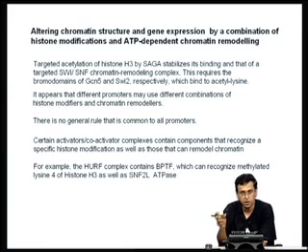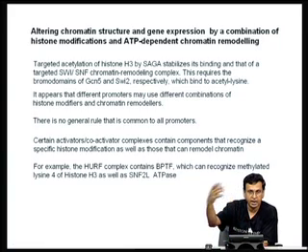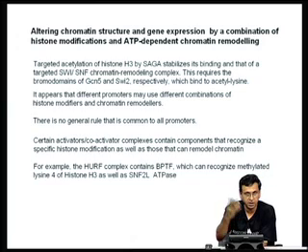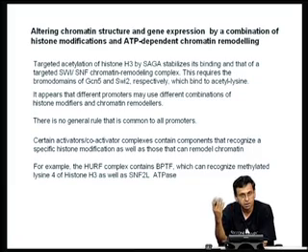Therefore, histone acetylation in combination with chromatin remodeling can be involved in the regulation of gene expression by the SAGA complex. So, it appears different promoters may use different combinations of histone modifiers and chromatin remodelers.